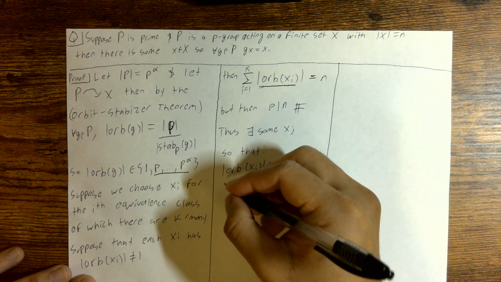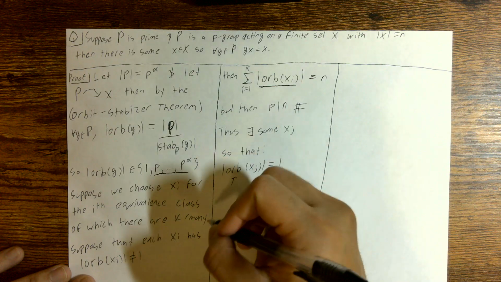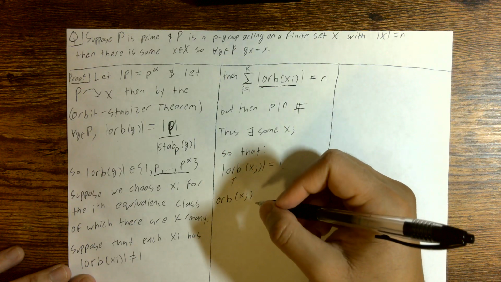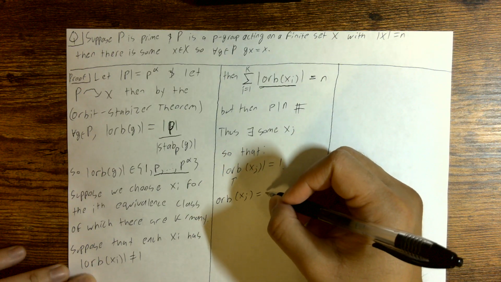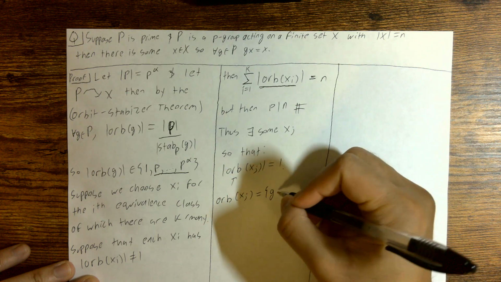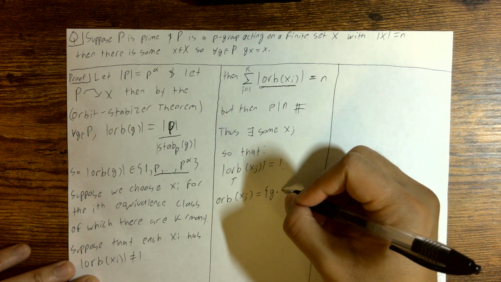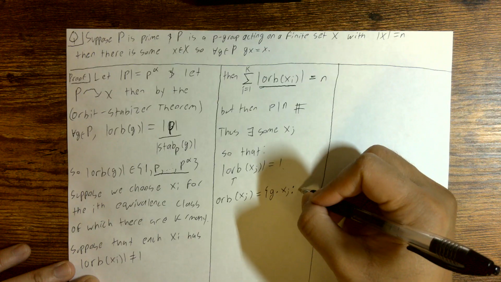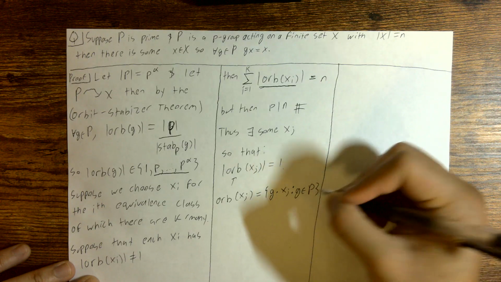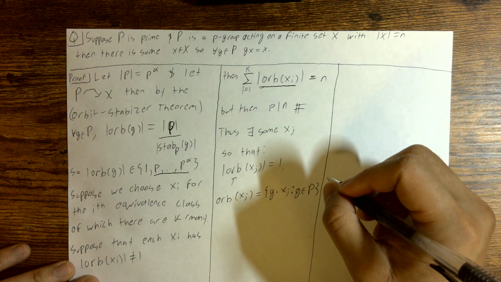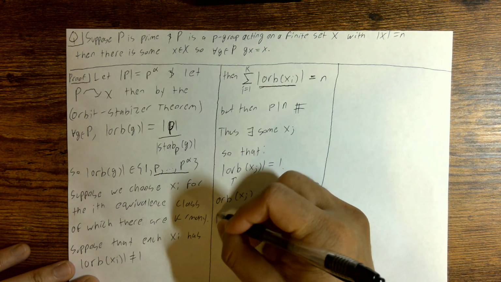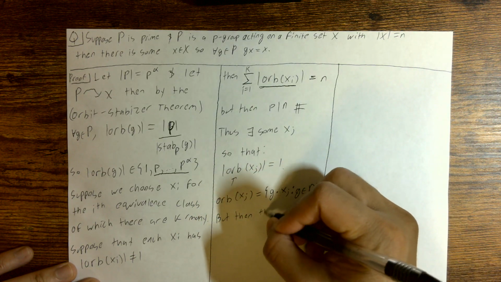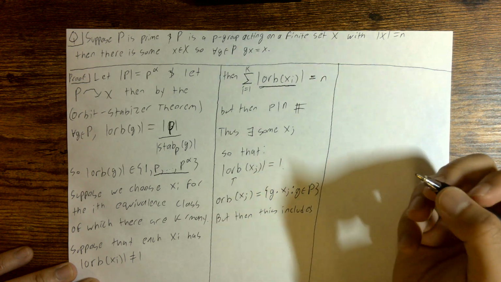But note, this orbit, well, what is it? The orbit of xj is equal to g acting on xj, spanning across all g in P. But then this includes, well, what does it include?